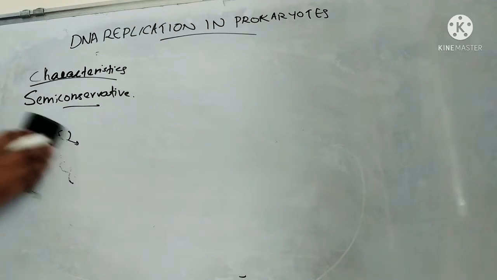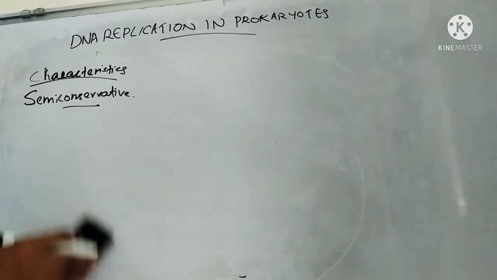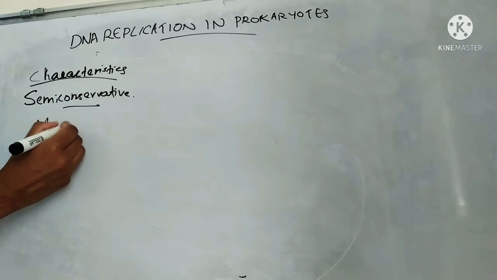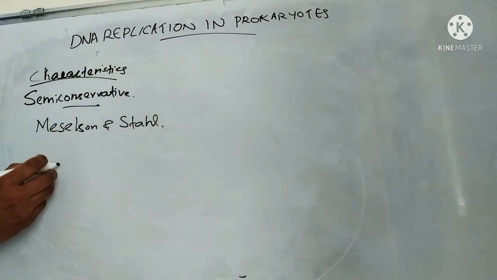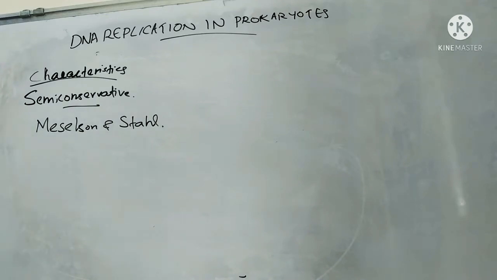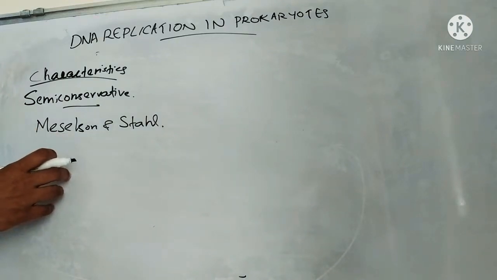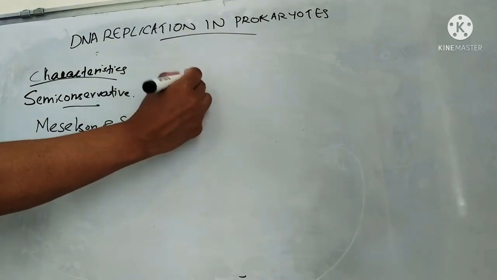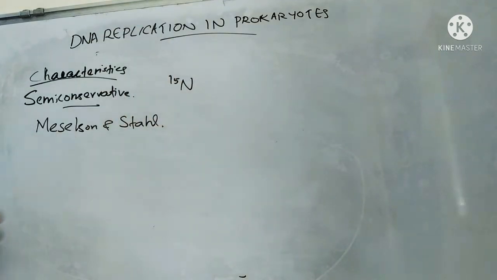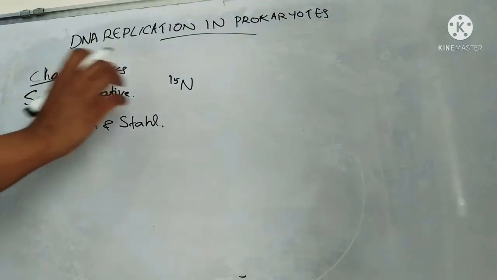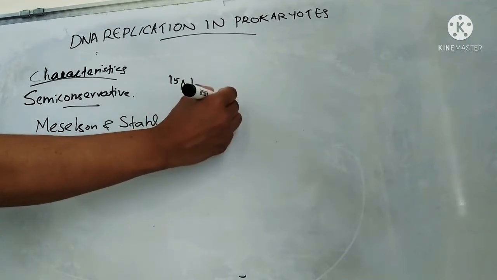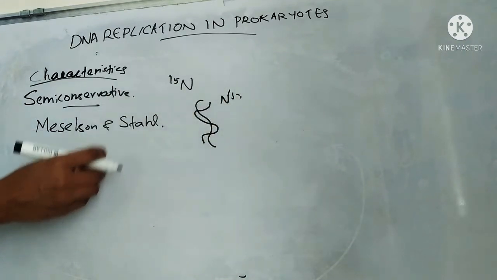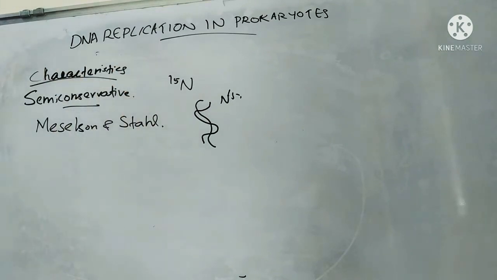This theory was confirmed by the Meselson and Stahl experiment. In this experiment, bacteria were grown in a medium that contained N15, a heavy isotope of nitrogen, so all the DNA was labeled with N15.